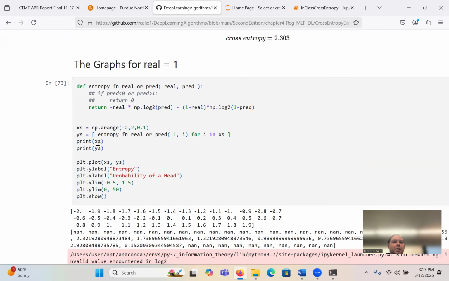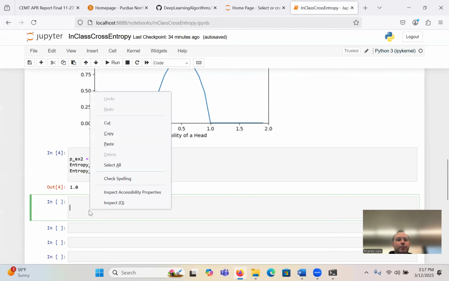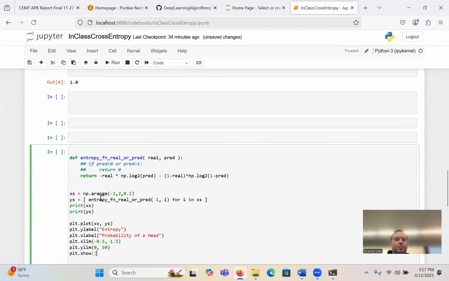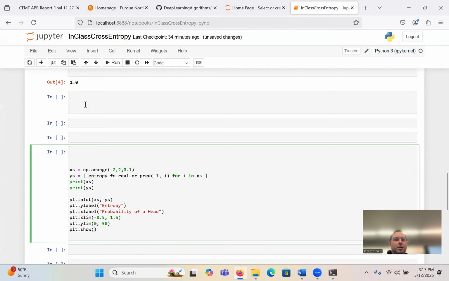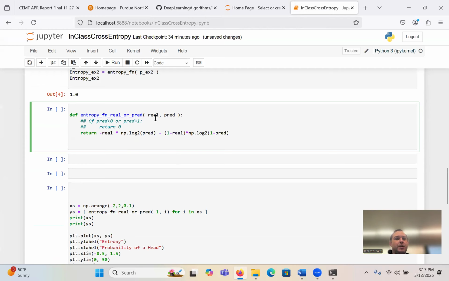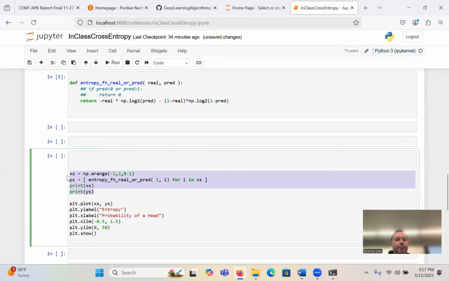So that's what I'm going to do here. Okay, I'm going to copy this and show you the graph. All right, so this is the same cross entropy function, I just worded it a little bit differently. Then I'm going to generate my data.